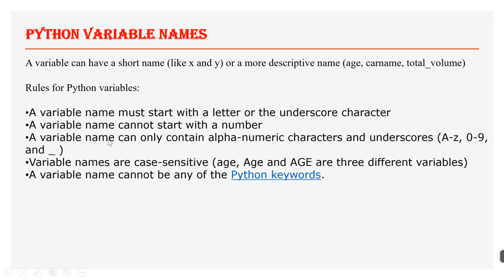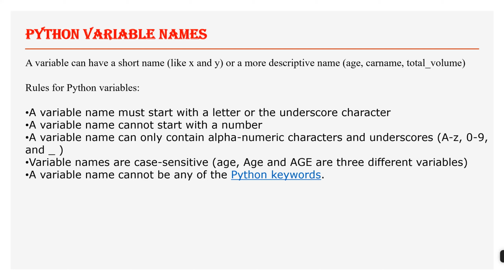Now coming to the rules for the Python variables. Any short name we normally use, like ABC, MNG, IJ for the loop variables, XYZ, these are all short names for a variable that are accepted by Python.